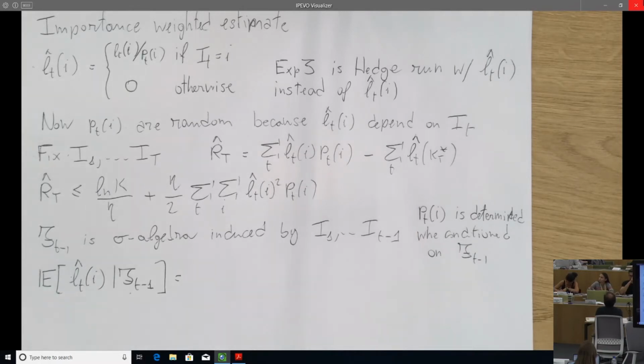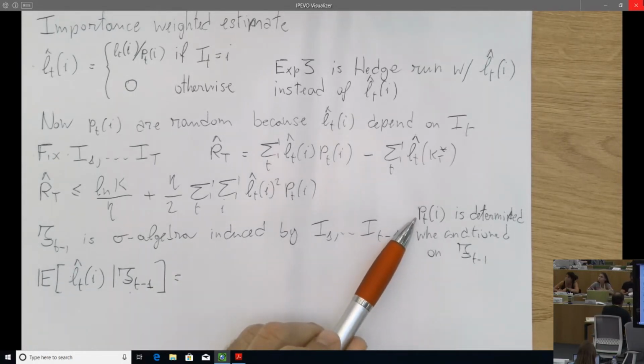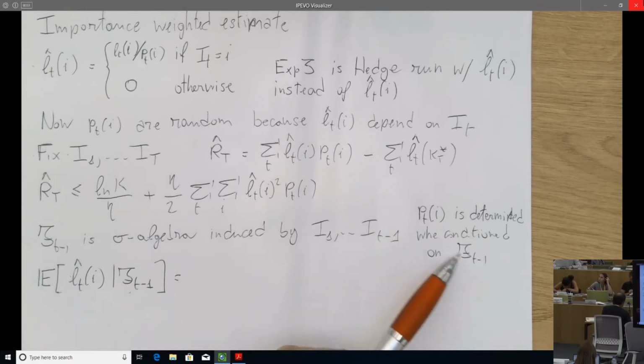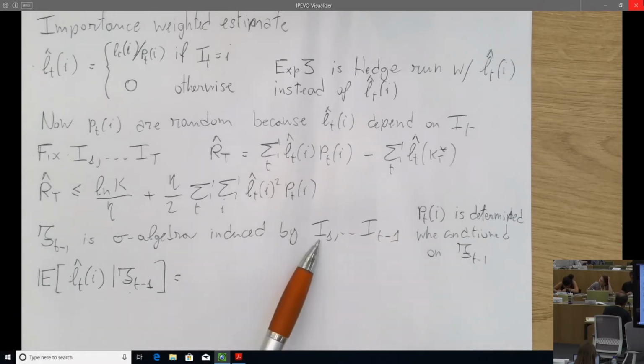Indeed, I use this probability to pick the t action, right? Each time I pick a new action, I update my probability because I know the realization, I can compute the loss estimates. Therefore, Pt is determined in the conditional space of the first t minus 1 random draws of the algorithm. I get some deterministic quantity which I can use as a probability.